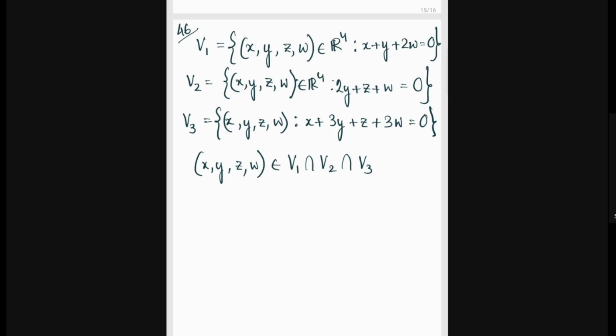The element belongs to all the three subspaces. Yes, all three subspaces. But here, what does it mean? It should satisfy all these three equations, right? Yes, ma'am.